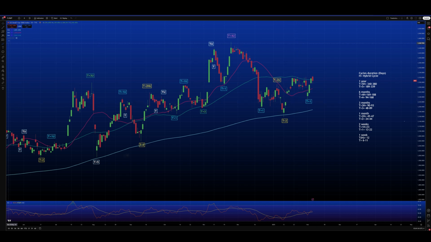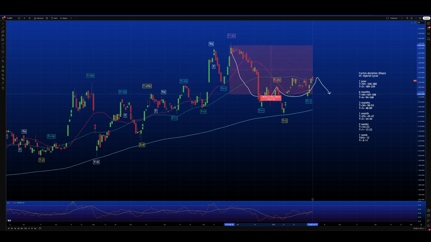So here I have to say that a T plus 2 plus a T plus 1 can also make a T plus 3. So you have to be aware that on Russell we have already the minimum and sufficient condition to eventually start a T plus 3.